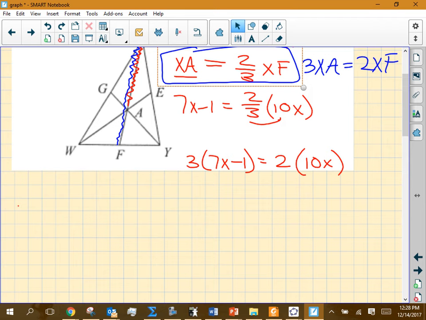And it's going to shrink it so that the blue segment is exactly the same size as the red one, right?